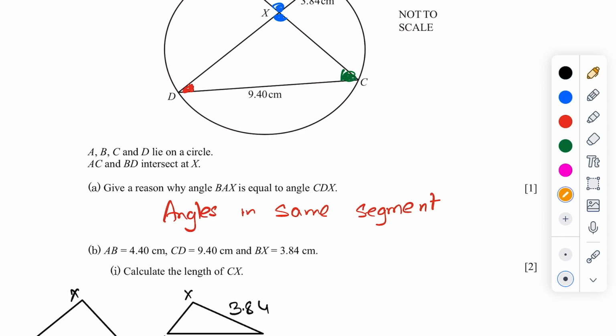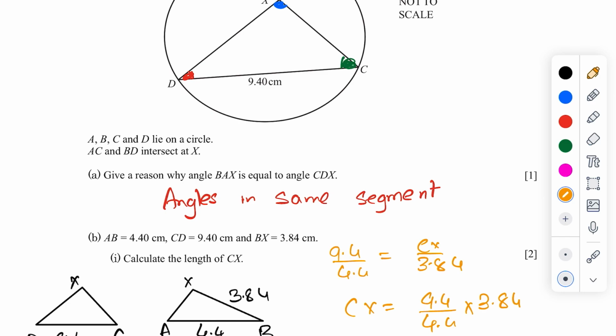So when they are similar, 9.4 upon 4.4 equals CX upon 3.84. So CX equals 9.4 divided by 4.4 times 3.84, which should be giving me 8.20. So CX equals 8.20 centimeters.